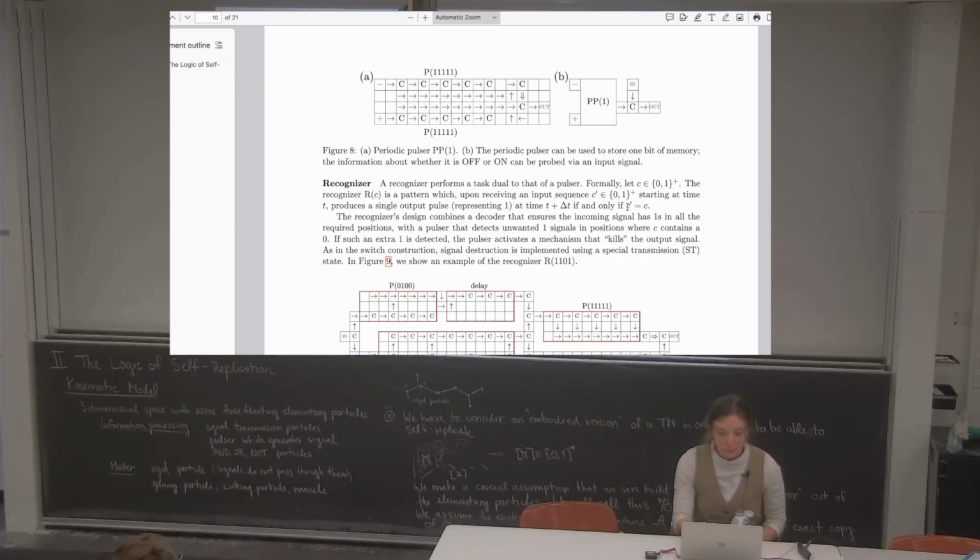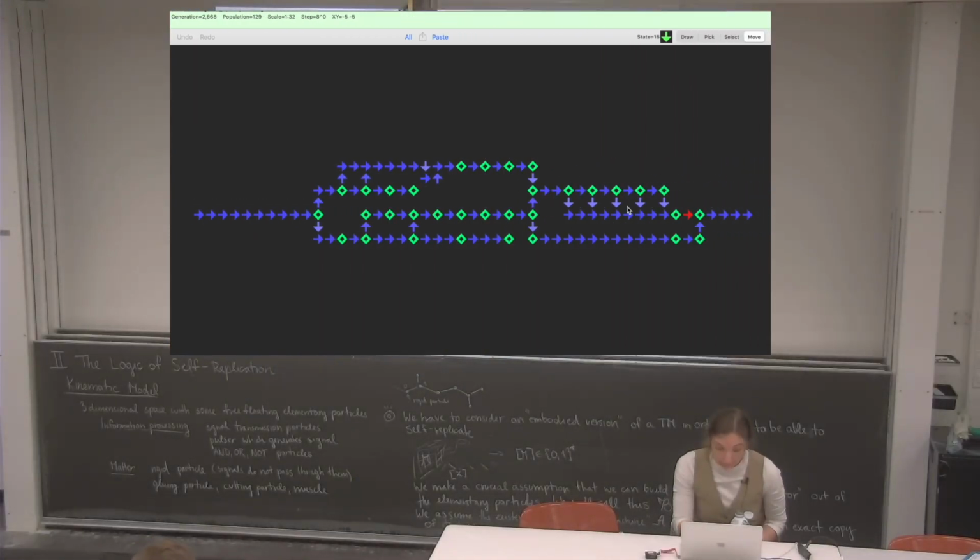And we will use the principles from the periodic pulsar for that.